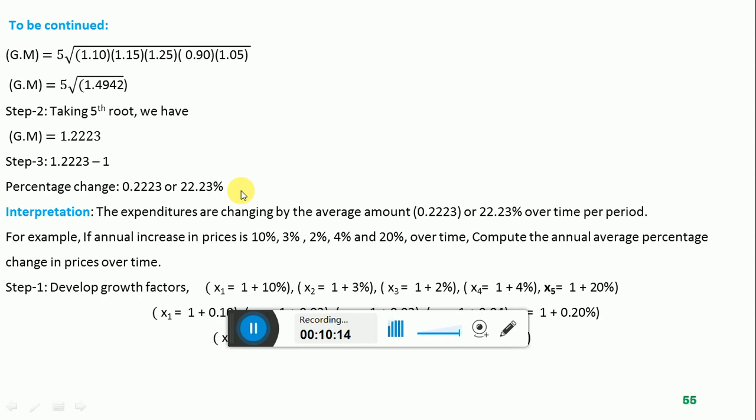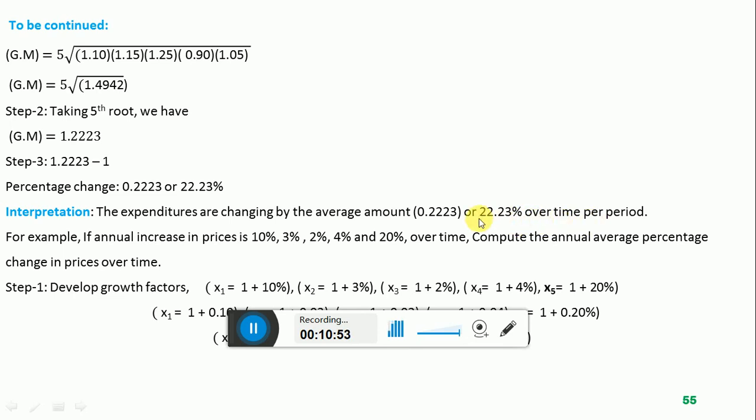I am again repeating: the interpretation of this average percentage change in annual expenditure is that the expenditures are changing by the average amount 0.2223 or 22.23% over time per period.